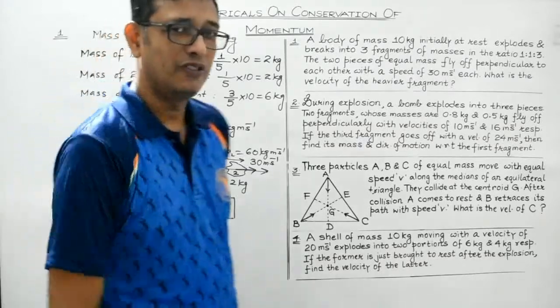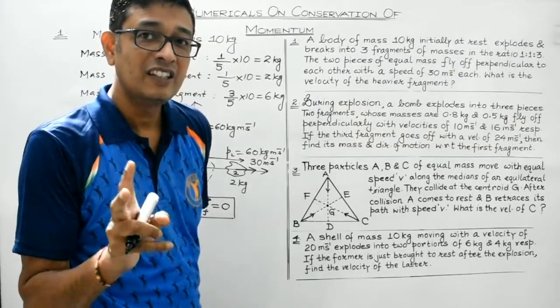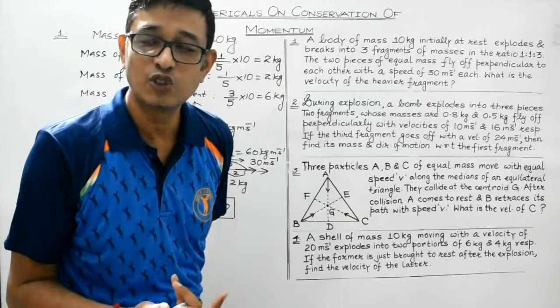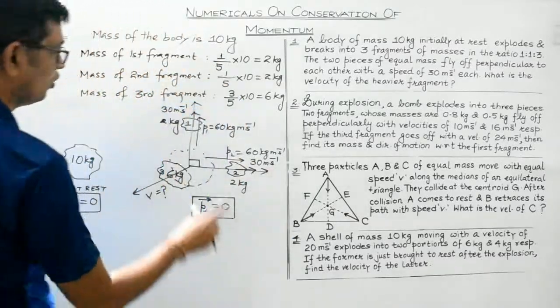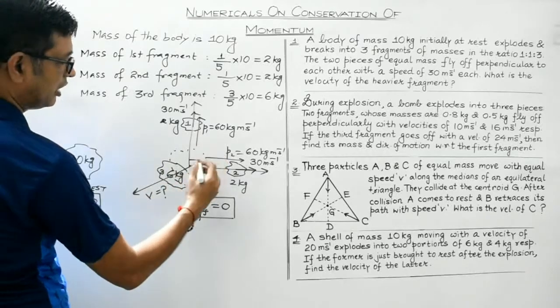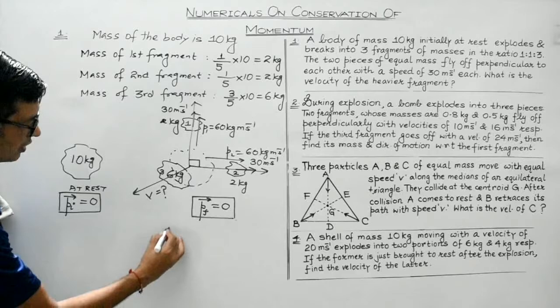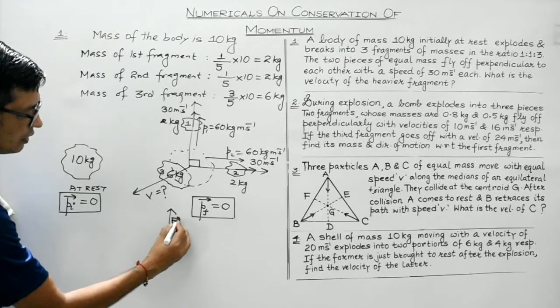Now students, we are aware, when the two vectors are equal in magnitude, then the resultant of those two vectors bisects the angle between them, right? So what is the resultant of these two? It will be bisecting the angle between these two. Let me draw the diagram. This is P1, right?